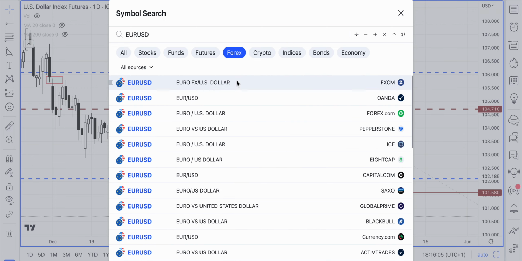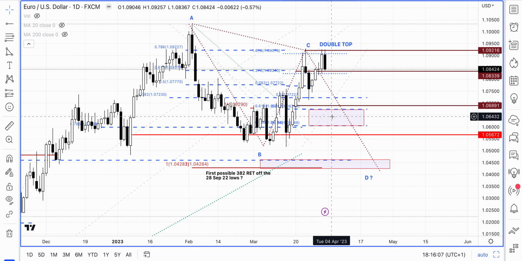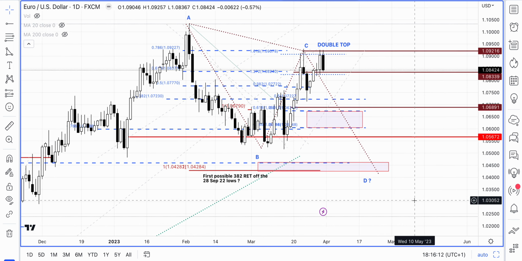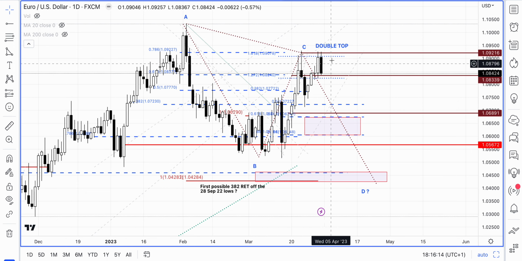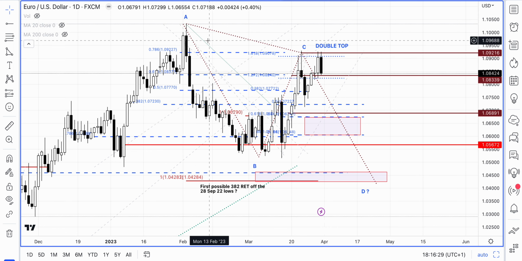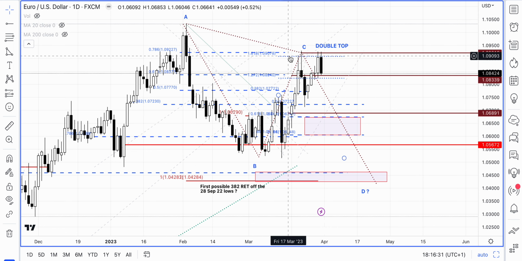Now the EURUSD is about 51% of the dollar index, so it's pretty much the inverse. And what we have seen is that we had been watching this level of 1.09 and 1.0924 for quite some time, because that was the 78.6% Fibonacci retracement, and also we had a 1.618 expansion here.